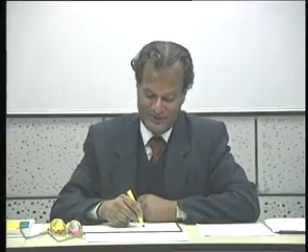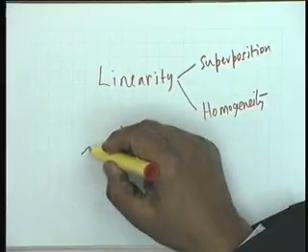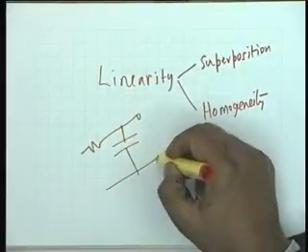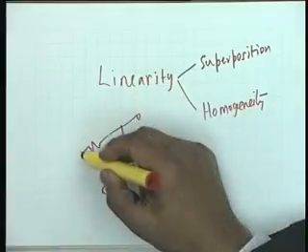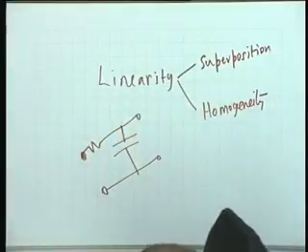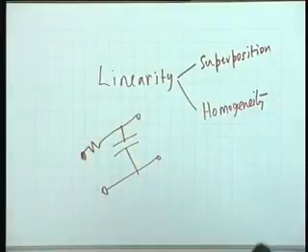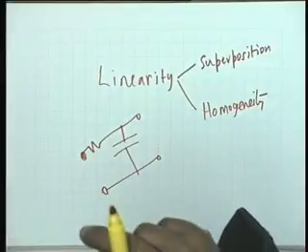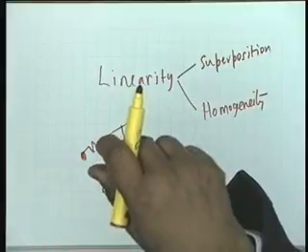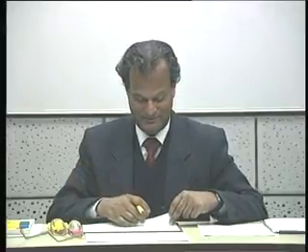Now, I ask you a question. Suppose you have a resistance capacitance network in which the capacitance is initially charged. Will this be a linear system? No, because 0 input does not lead to 0 output, there is an output. So, initially relaxed networks can be linear.